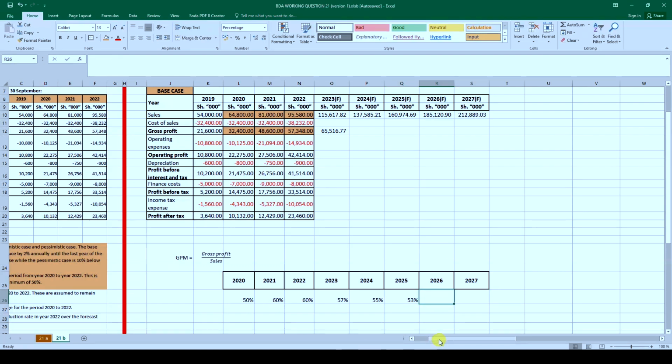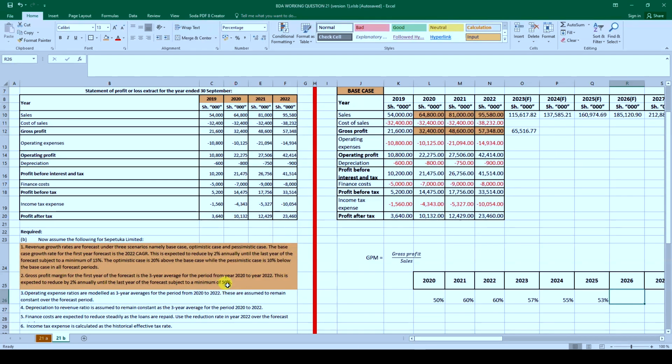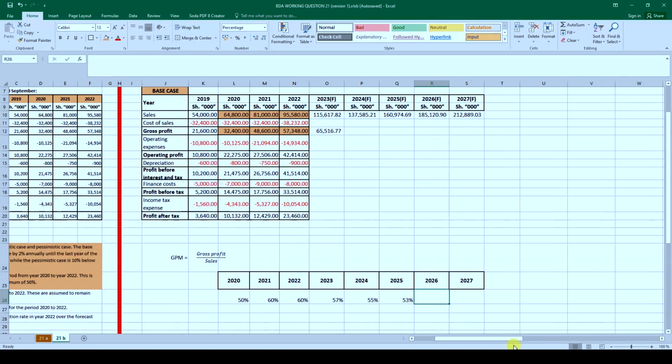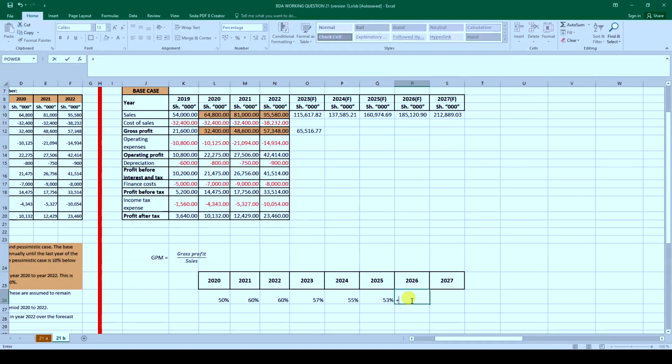So from there, I now move on to 2026. The limiting factor is 50%. So it's reducing by 2% throughout until it reaches 50%. So plus that minus 2%, we have 51%. And this one obviously will have to be 50% because that is the limiting factor.